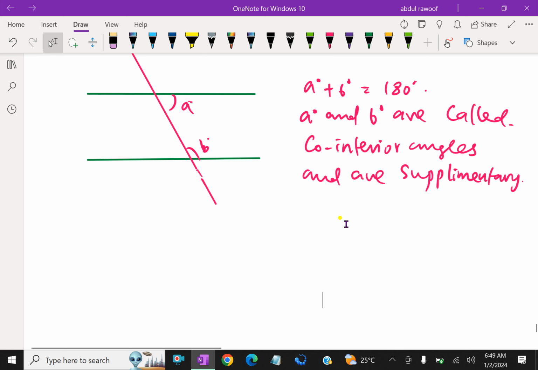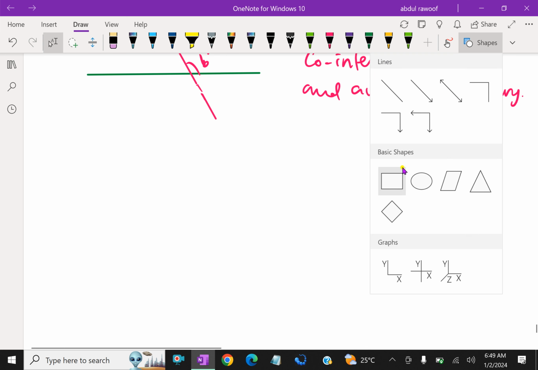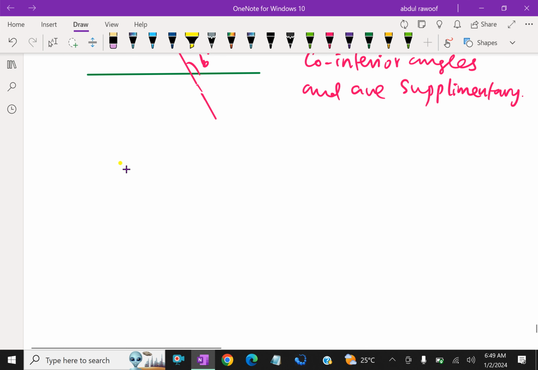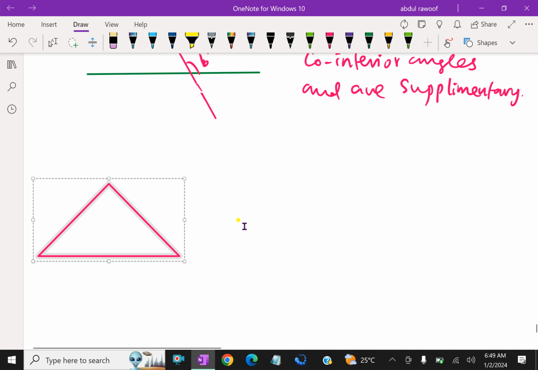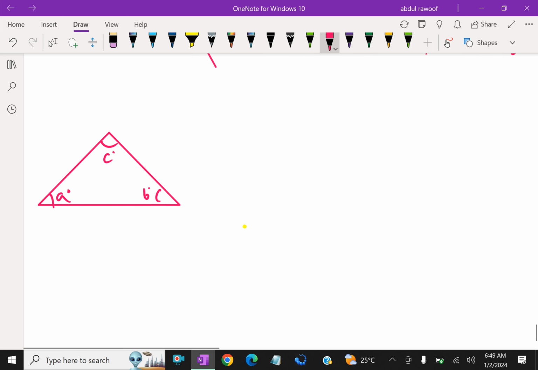Next, we'll talk about triangles. Here, angle A, angle B, angle C. Angles of a triangle: the sum of interior angles, angle A plus angle B plus angle C, equals 180 degrees in any triangle.